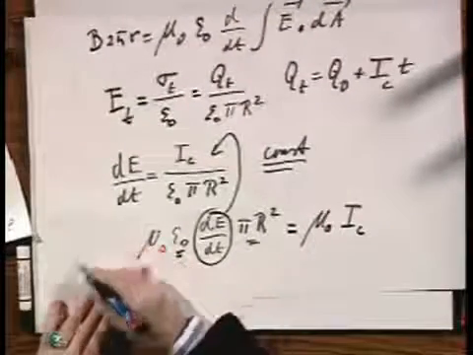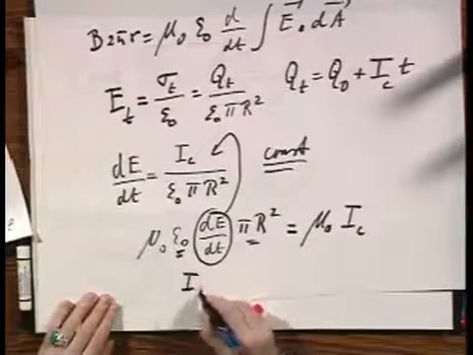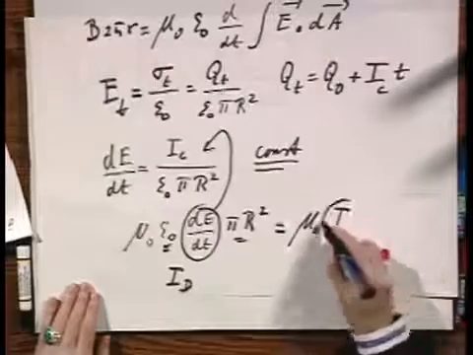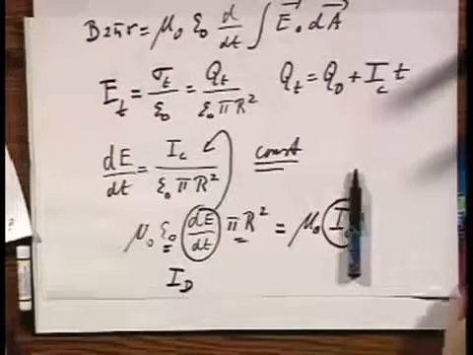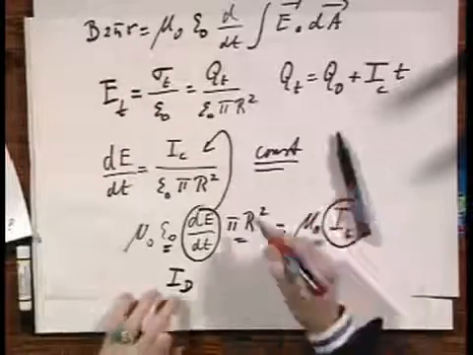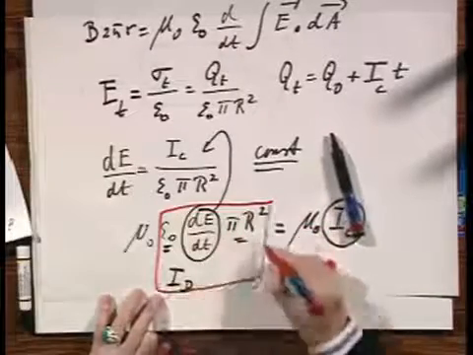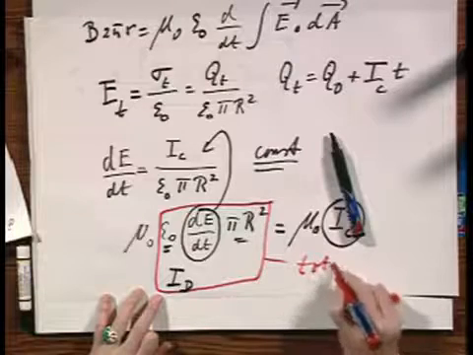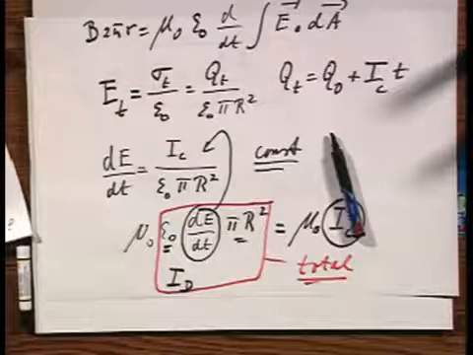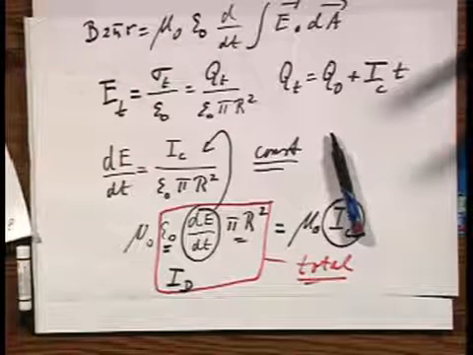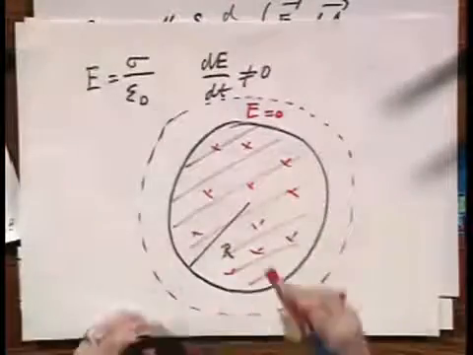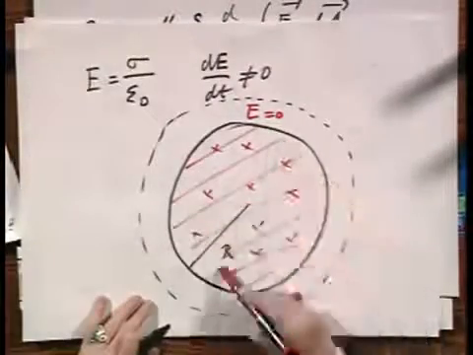In other words, the displacement current, I of D, is exactly the same as the conduction current. This is the displacement current. It is the total displacement current. Total because I have chosen the displacement current to go through this entire surface.